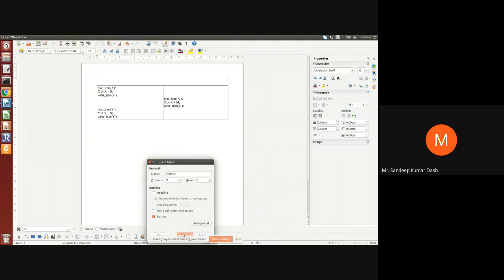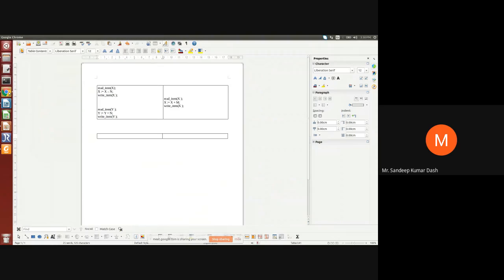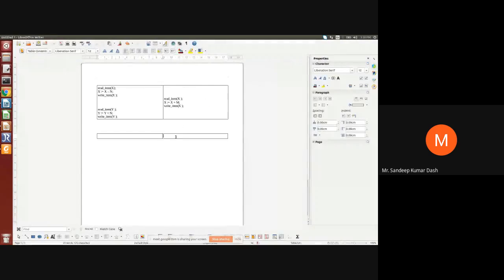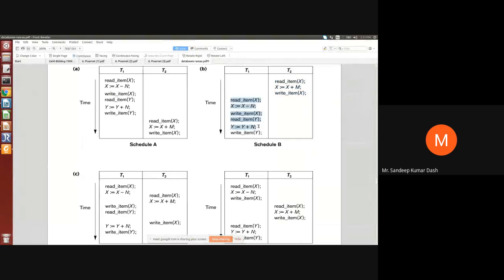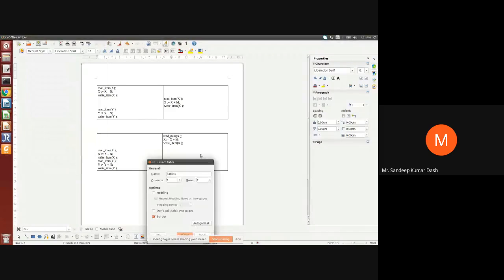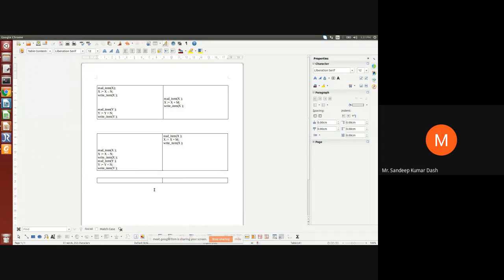Either first T2, then T1, or first T1, then T2. Fine.